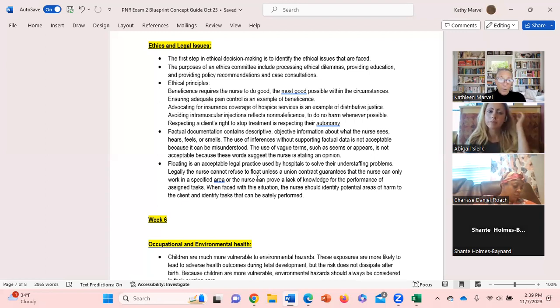And then we have a bullet here about floating. Anybody ever been floated to a floor where you've never worked before and you have no clue? Me. Yeah. Happens all the time, right? Nurses, everybody's floated all around the hospitals or their facilities, just to try and resolve their staffing issues.